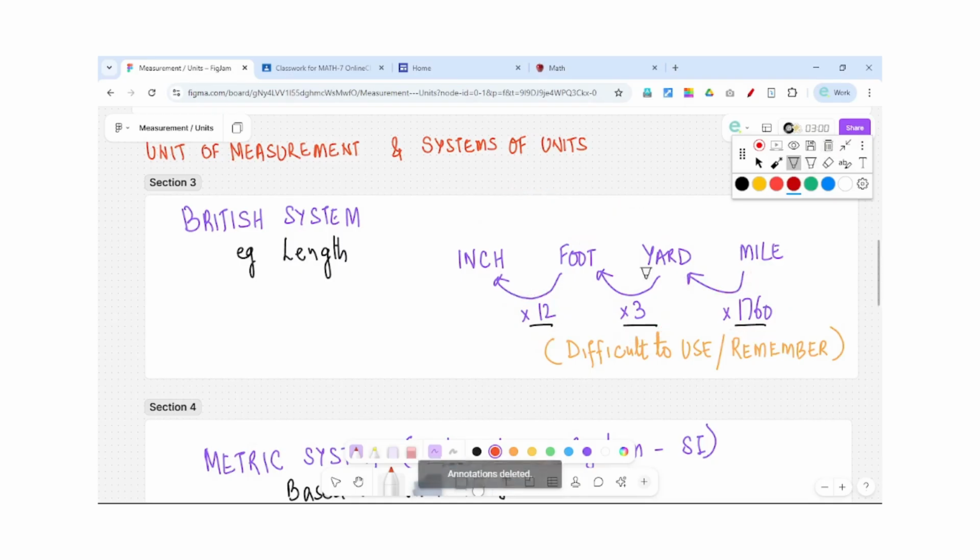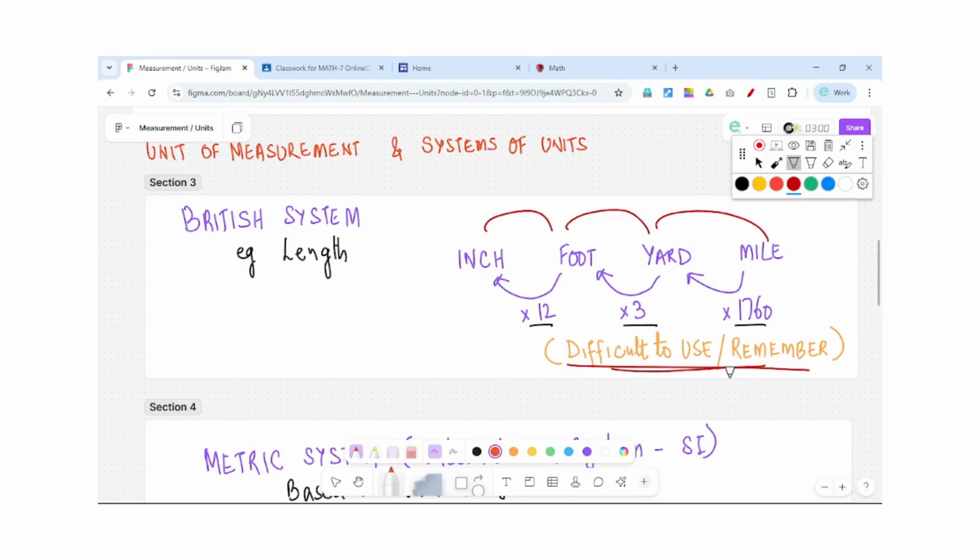So we can say 12 inches make 1 foot, 3 feet make 1 yard, and 1760 yards make a mile. The relationship between these units was different, and it was difficult to reuse and difficult to remember.